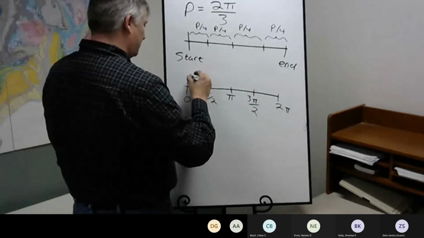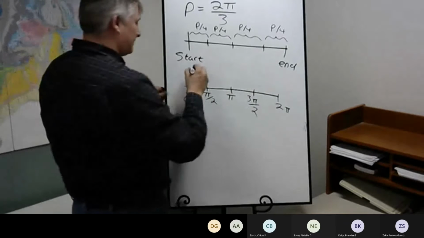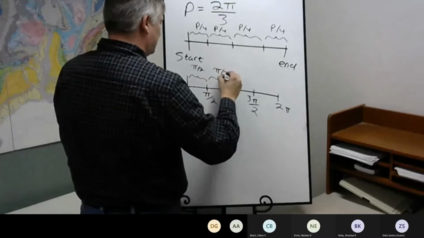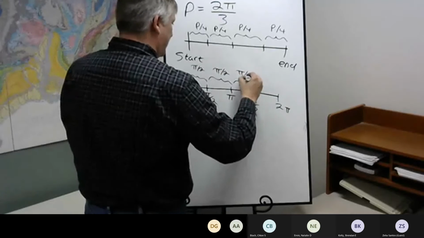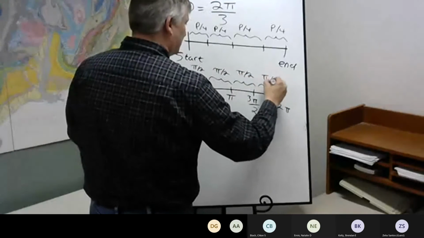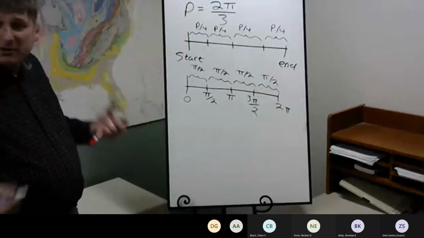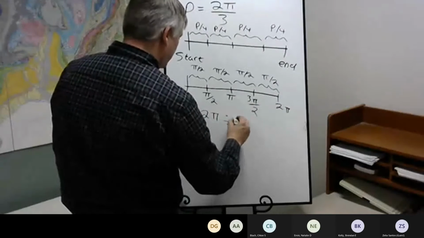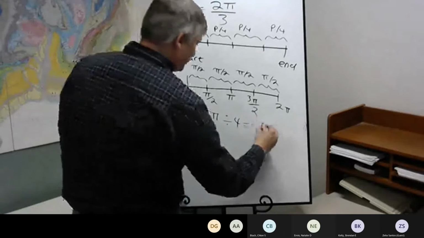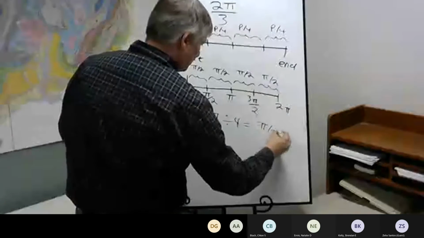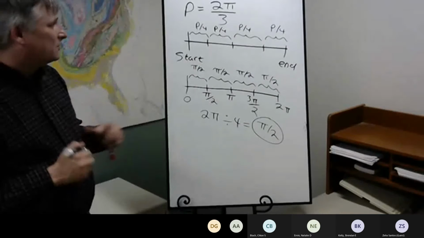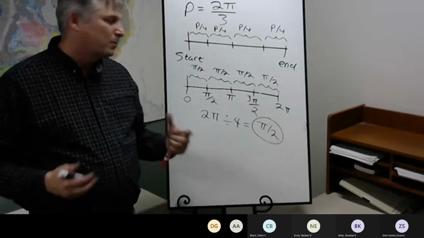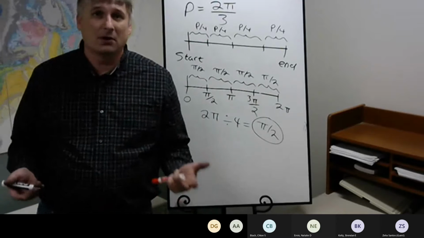The distance, again, this is the canonical sine, is pi over 2, pi over 2, pi over 2, pi over 2. The way you come up with this distance, take 2 pi divided by 4. And that's how you come up with that separation. So if we take this period and we divide by 4, we're going to get the distance between the critical points or the important points on our sine function.